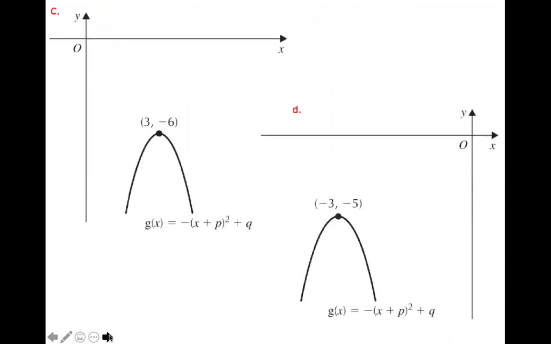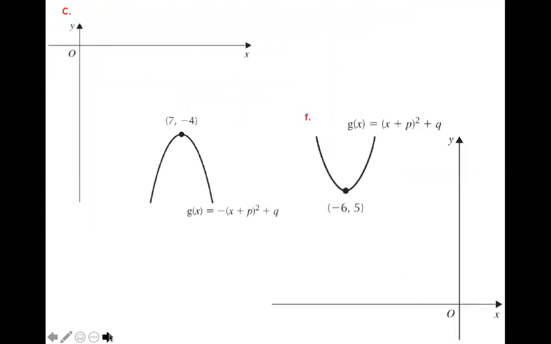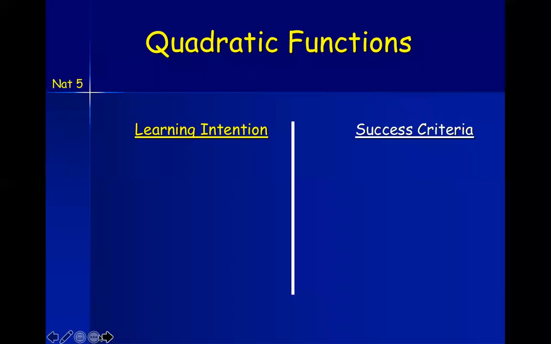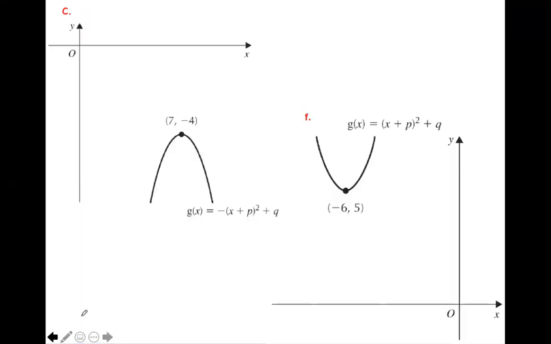So you've got 1, 2, 3, 4. What we could do is quickly do this one together if you want. So you've got 7 and -4. When x equals 7, I'm reaching -4.